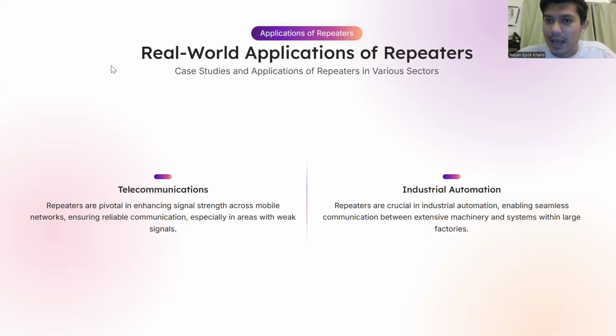So we can understand that repeaters play a vital role not only in industry or telecommunication, but in different areas of our modern world. The companies or the factories, whatever, if they use a large network, they must have repeaters.